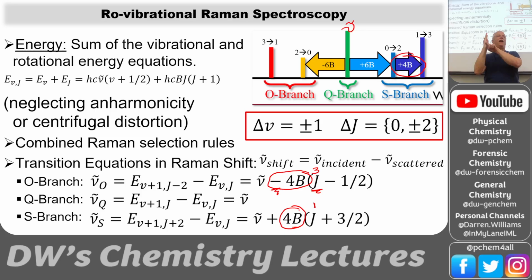What if I combine X, then Y, then minus X, then minus Y? I get what looks like rotation. Look at the carbon. It's rotating around the symmetry axis. So perpendicular bands can have a pseudo rotation in the vibration. That's not actually rotating. It's vibrating. But it's vibrating in X and then Y and then minus X and then positive Y. So that pseudo rotation in a molecule that has more than 2 atoms, like CO2, can allow a Q branch.